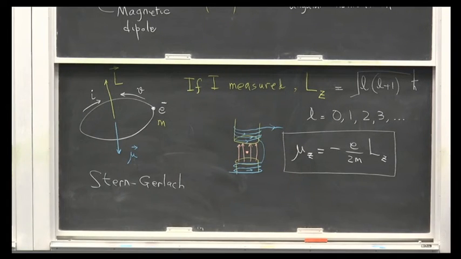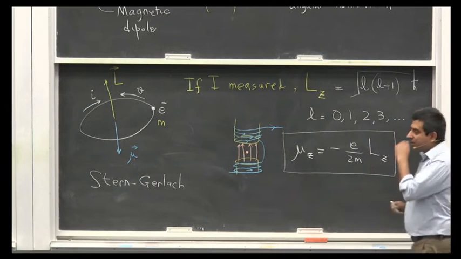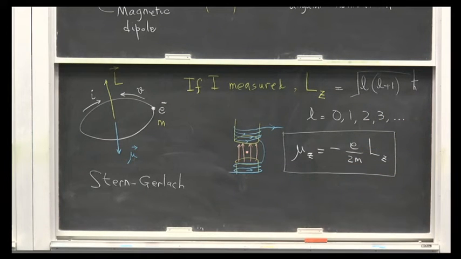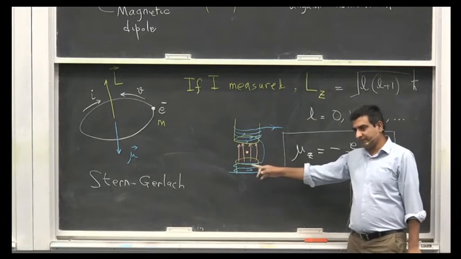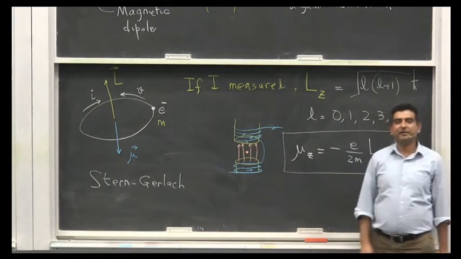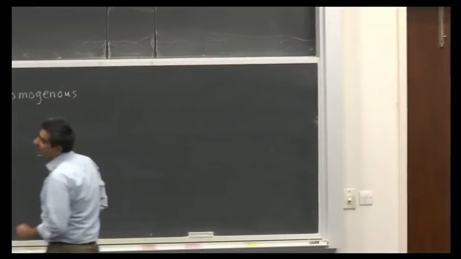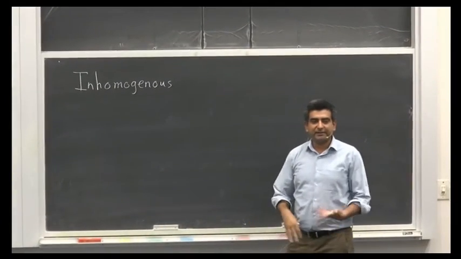Now, how do we test that this relationship actually exists? Suppose I produce a magnetic field which is not uniform but an inhomogeneous field. An inhomogeneous field means there is a field gradient.